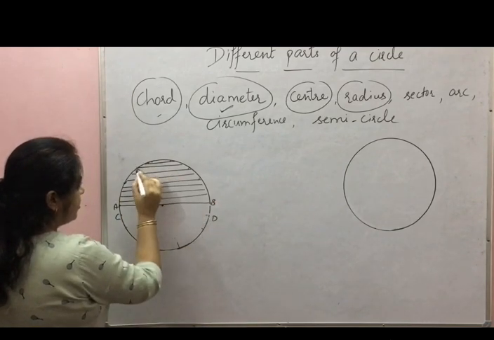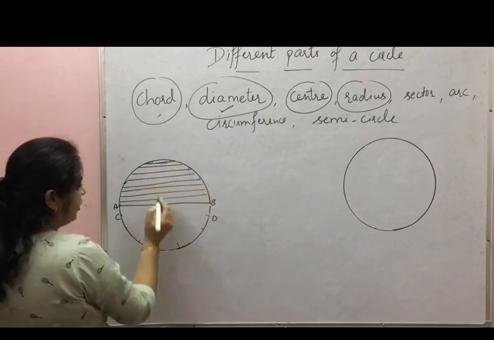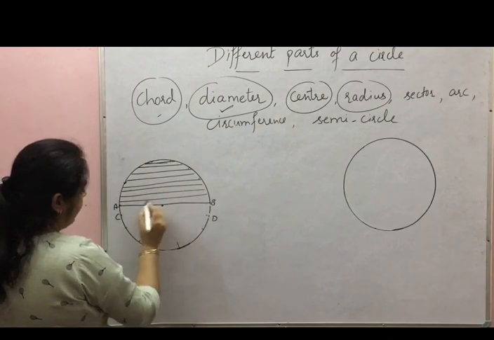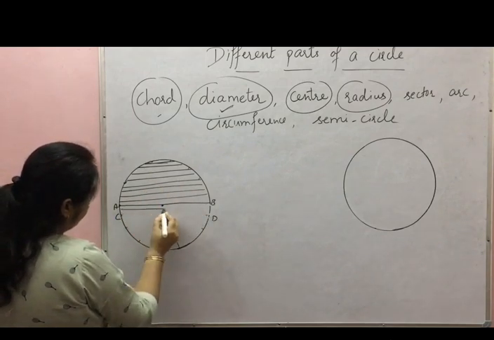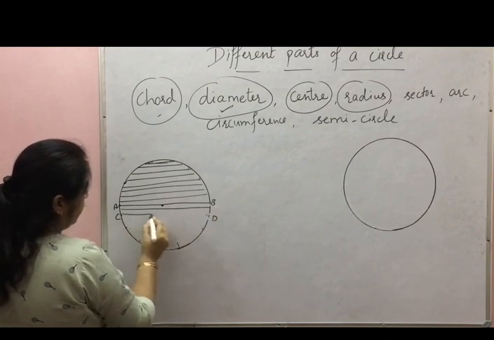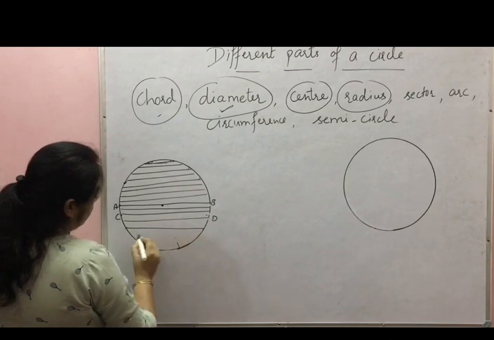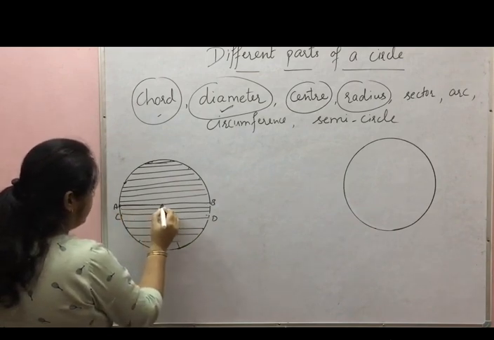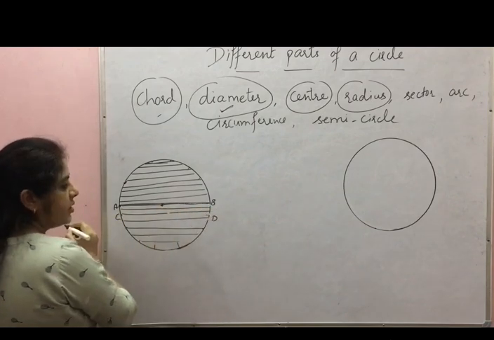See this distance we are observing, as we are going in this direction till the center, the distance goes on increasing. But after reaching the diameter, if we go with this chord, the distance is again decreasing. So you are observing this diameter is the longest chord of a circle.